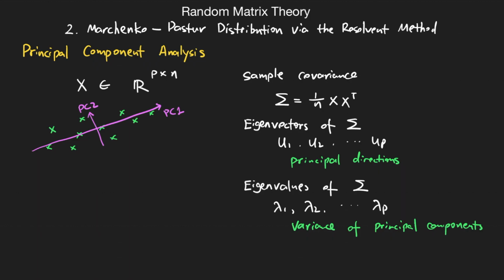The Marchenko-Pastur distribution emerges when the data is nothing but noise. Let me write out the statement of the RMT law first.